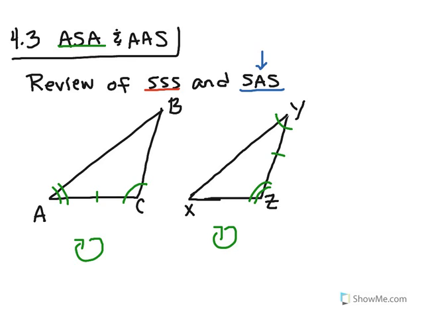So let's take a look at an example where this is not true. Let's say, for example, I still start with Y, and then I go to my side, and then I want my angle, but my angle's over here. Well, that's not correct, because that side in the acronym right up here in the title of this tutorial is not directly in between the two angles that it's next to.